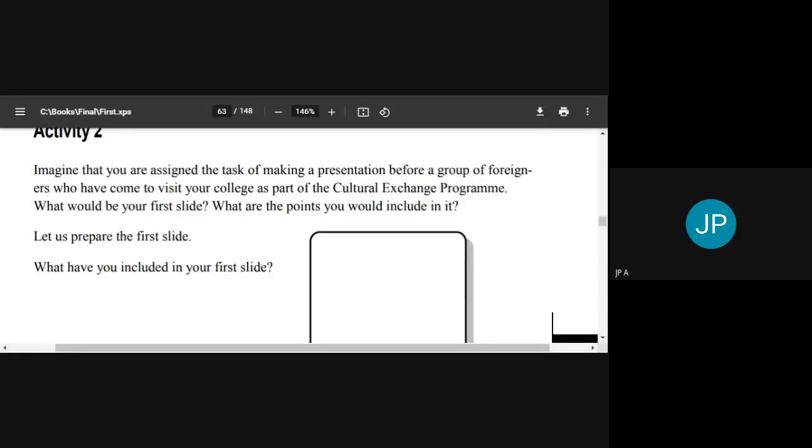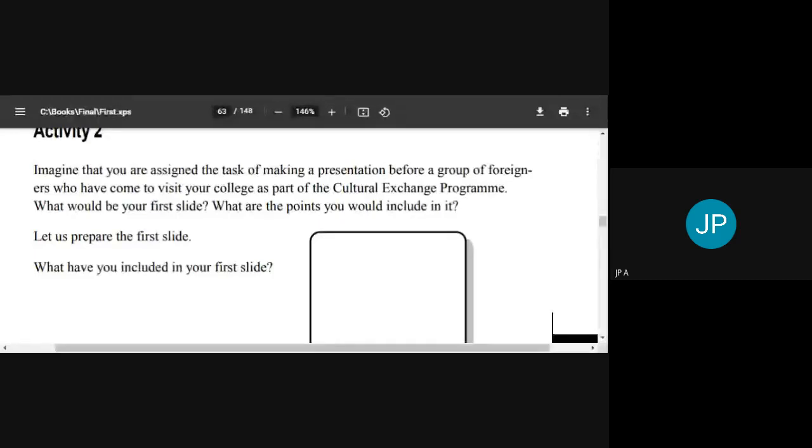Below your name you can have the name of your class. For example, first semester computer engineering, name of the class, and below that the name of your college. So all these things can be included in the first slide, because as you can see, it is a presentation about your college to a group of foreigners.